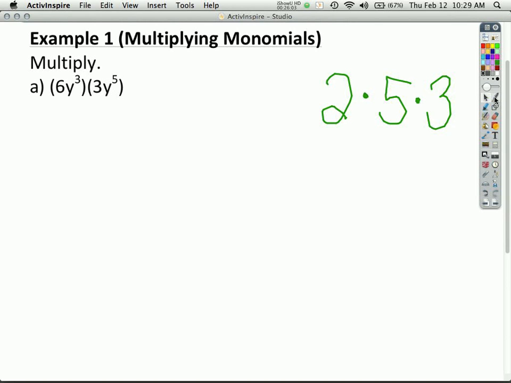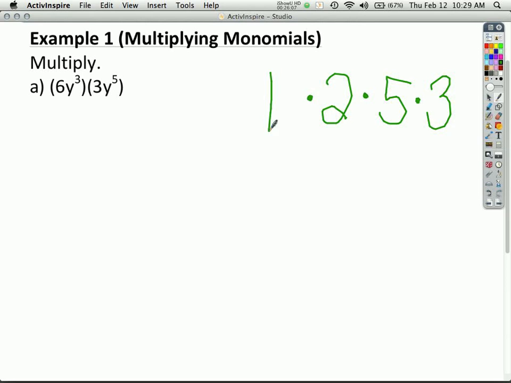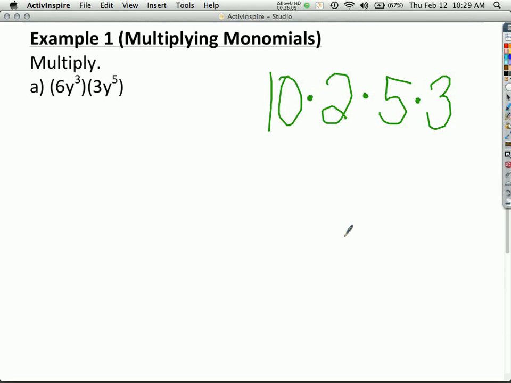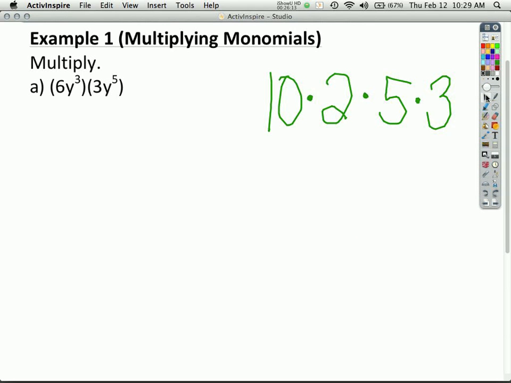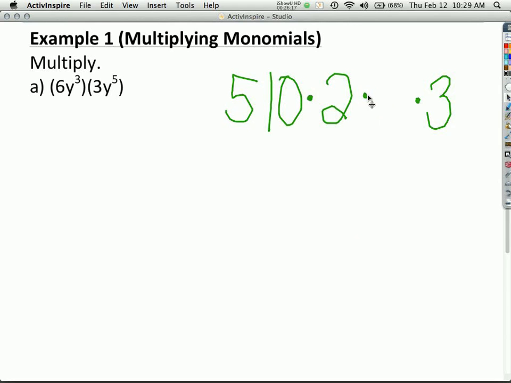In fact, if I added in another number, it wouldn't change the fact that we could switch around anything that I wanted. For example, I could take the 5 and put it over here if I felt like that would help me. Or I could take the 2 and move it over here if I felt like that would help me.